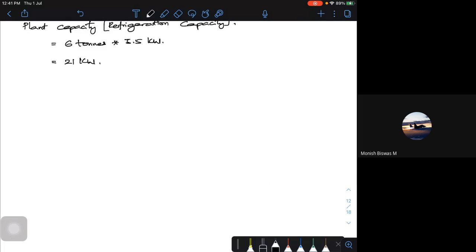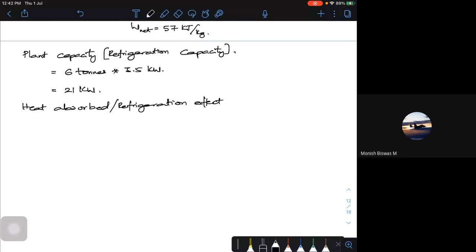First thing, refrigeration effect or heat absorbed. Don't get confused this with refrigeration capacity. Refrigeration capacity is the plant capacity. Refrigeration effect is what you are trying to remove, the heat, while running the thermodynamic cycle.